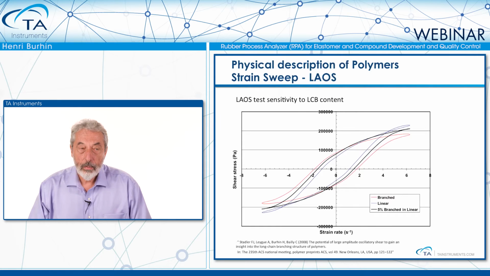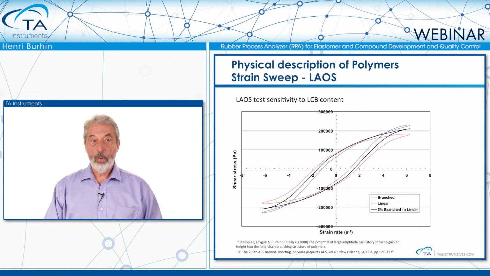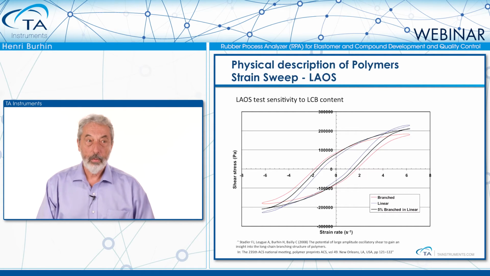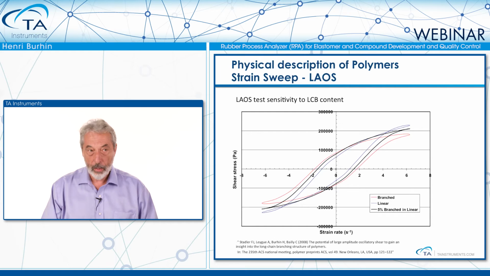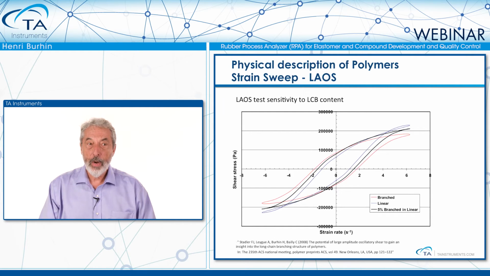Now, is this value sensitive to a very small level of long chain branching? Yes, it is extremely sensitive, and in fact, based on our experience, we found that it is the most sensitive technique for measuring very, very low levels of long chain branching. So in this case, we have made a comparison between a branched EPDM and a linear EPDM, and we know that the polymerization process for that EPDM makes only linear molecules.